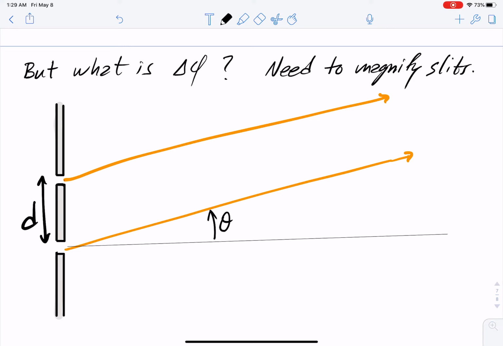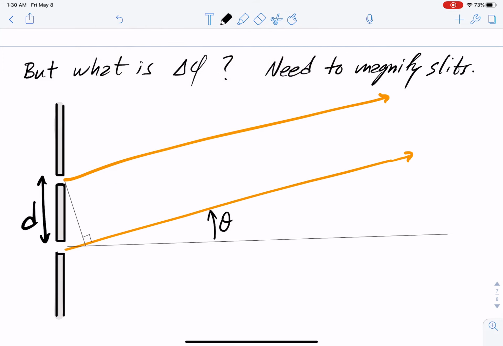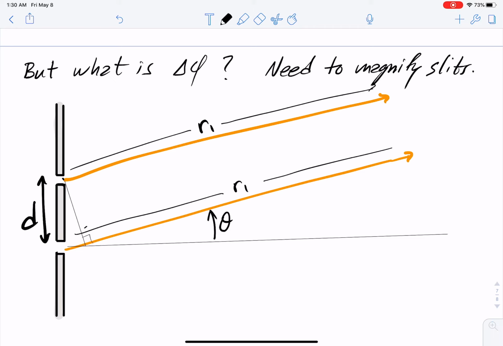And that's a line that goes from this one down to here, but is perpendicular to that one. Now the reason that's helpful is that if we call this distance R1, that's the distance from this point all the way back to the observation point, then this distance here is also R1, but only right to there.